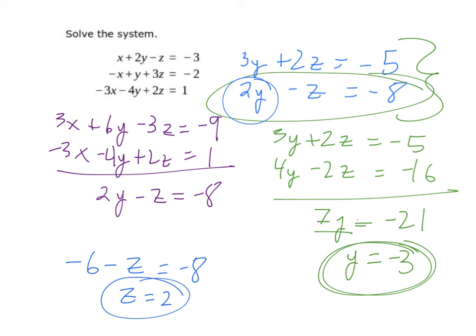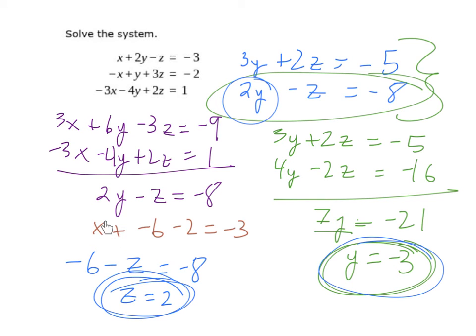Now with this y and with this z, I can go back up into any one of these 3 equations with those values and find the value for x. I'm going to pause the video while I do that. You go ahead and do it ahead of me. And now finally, this is me using the first equation with the y value that we found and the z value that we found plugged in here.